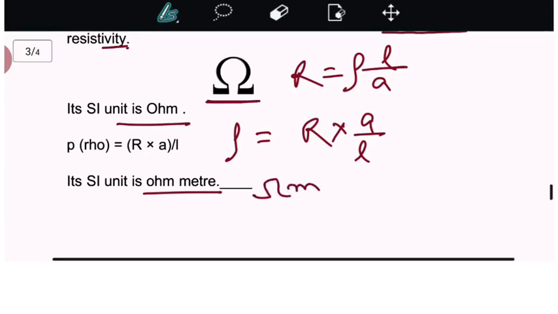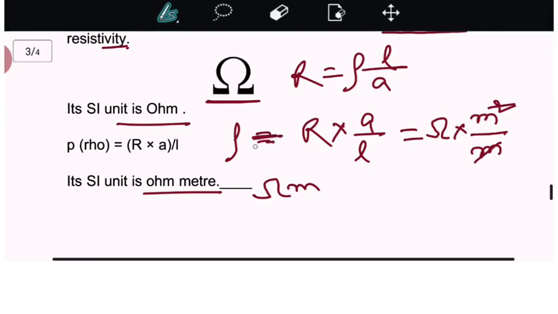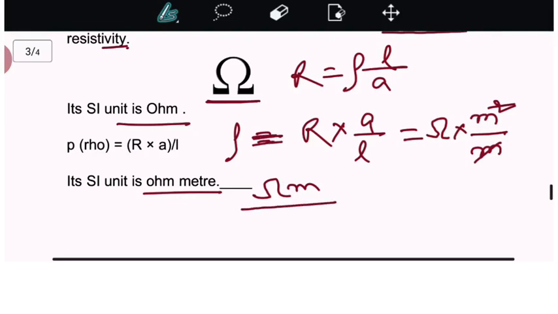Why ohm meter? Because the SI unit of R is ohm, the SI unit of A is meter square, and the SI unit of L is meter. So meter and meter square cancel, and hence ohm and meter will be left. So the SI unit of rho, resistivity or specific resistance, is ohm meter.